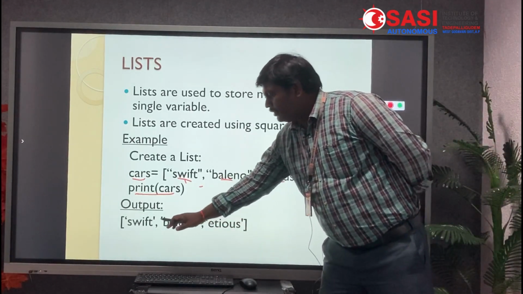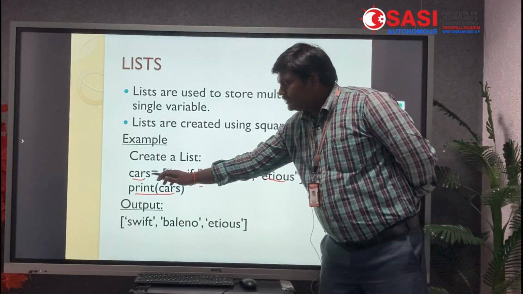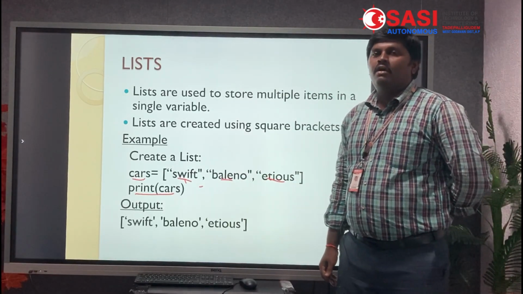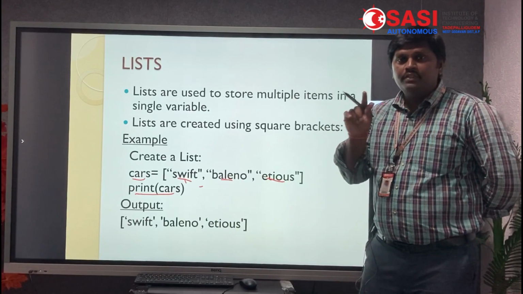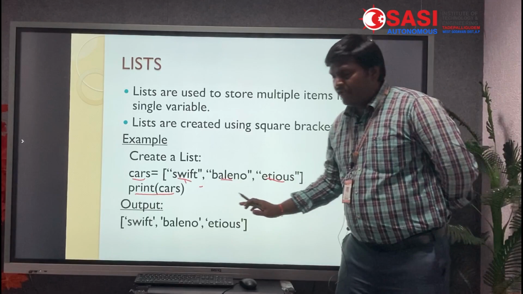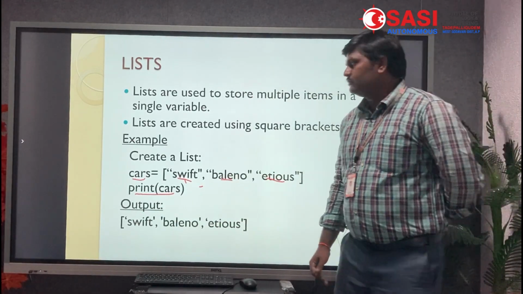The output is also represented within the square brackets because cars is a list. List items are represented within the square brackets, so the output is also represented within the square brackets.